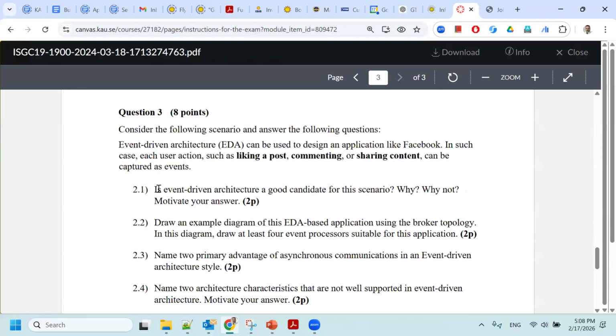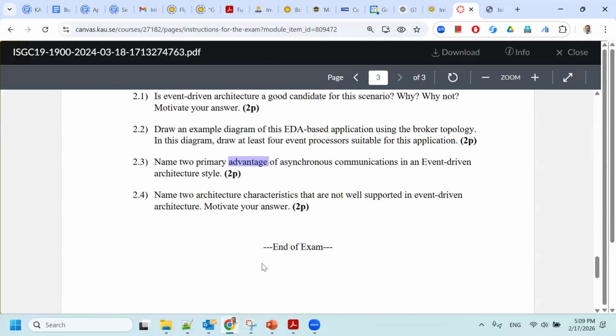And then I ask one question about the event-driven architectural style. But these are not really something you have to remember. These are more general questions about these architectural styles, like synchronous communication. What are the advantages of having that in event-driven architectural style? If you go through the lectures and read the book, you will be able to answer this question.